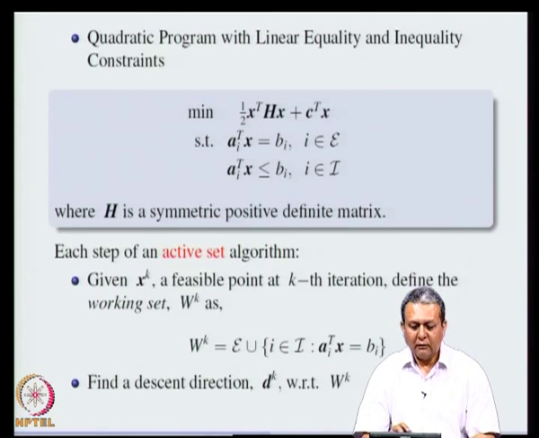Once we find the working set Wk, the next step is to find the descent direction dk with respect to Wk. That direction can be found by solving another quadratic program.